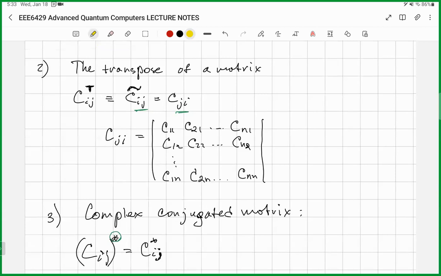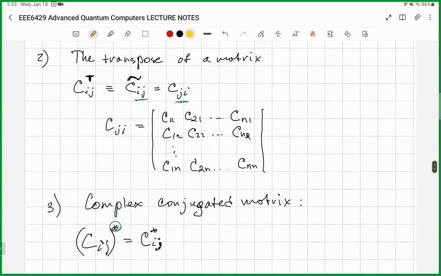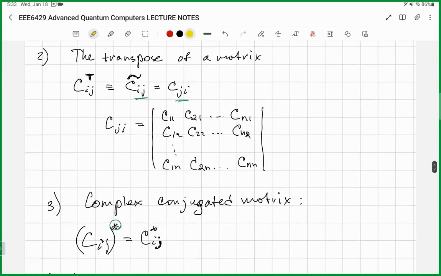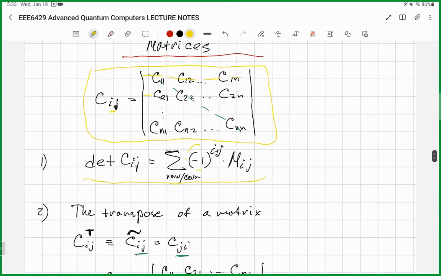So the second operation with the matrix is taking its transpose, right? In order to find the transpose of a matrix, it's sufficient to change the columns by rows and vice versa, or in other words, this operation corresponds to a rotation of a matrix by 180 degrees around its main axis.